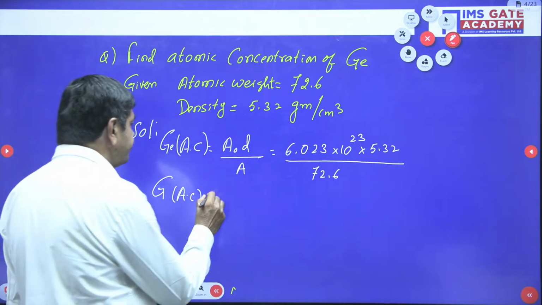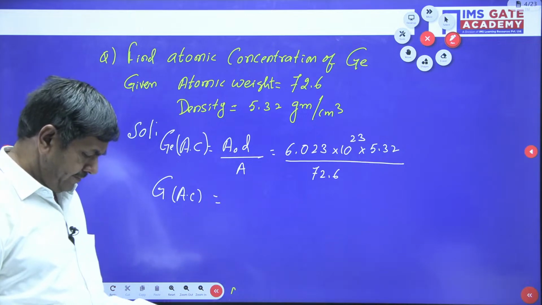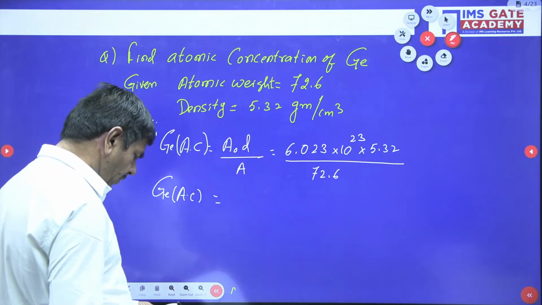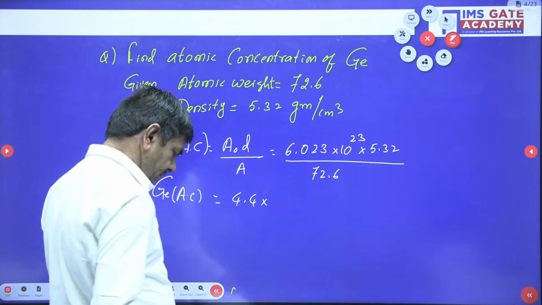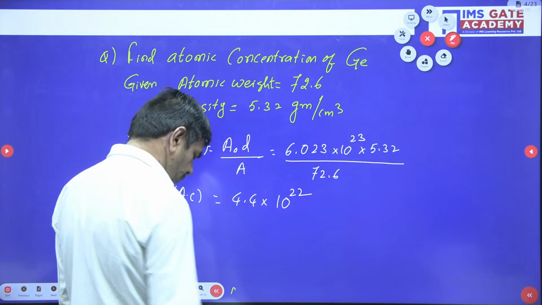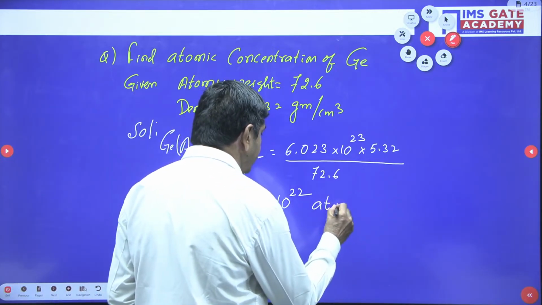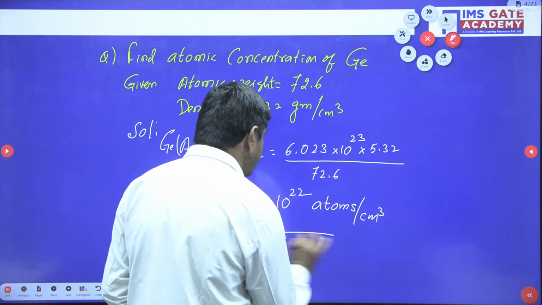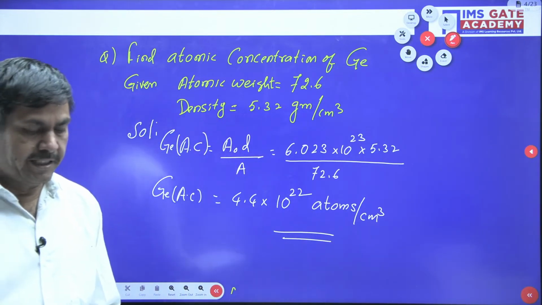How much is the value? Its value is 4.4 into 10 power 22 atoms per cm cube. This is the solution for germanium. I hope you followed.